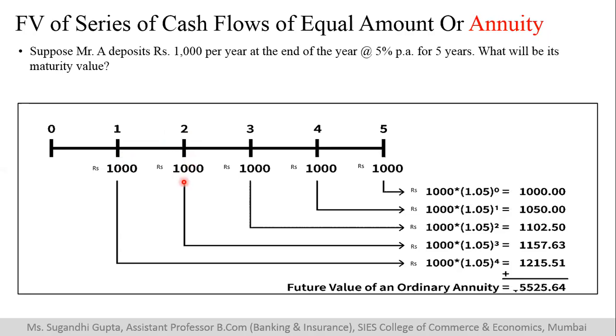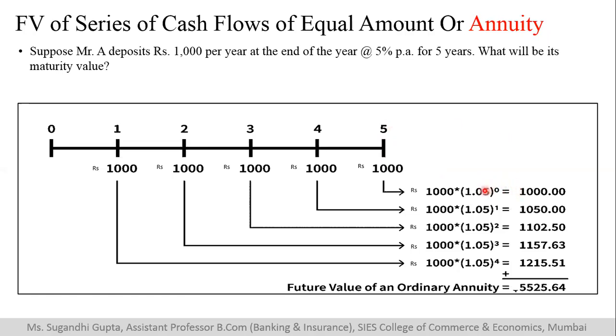This 1,000 rupees will remain with the bank for a period of 1, 2, and 3 years, and hence the compounding has been done thrice. The value is written here. Third year, it remains only for 2 years, so compounding is done twice. Fourth year will remain only once, hence compounding is done once. And the fifth year, the moment he deposits, it's time for maturity, he will withdraw the money, and hence no compounding has been done.